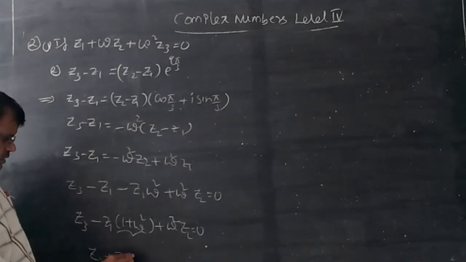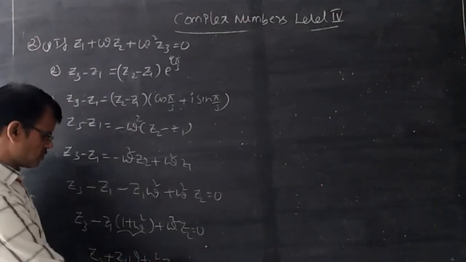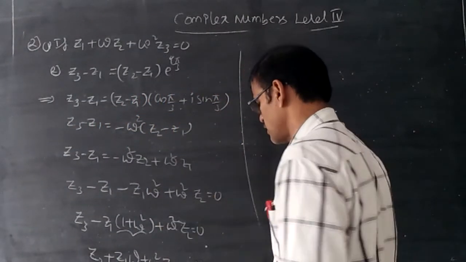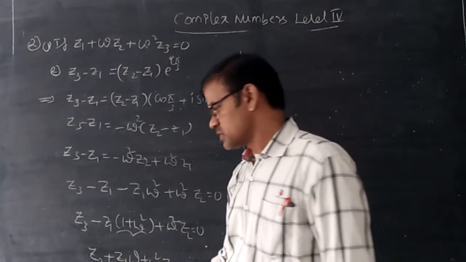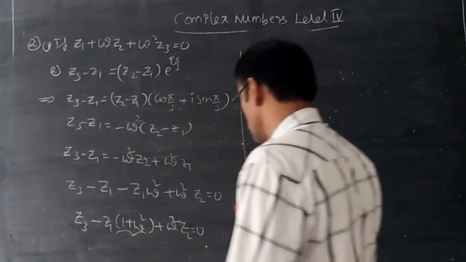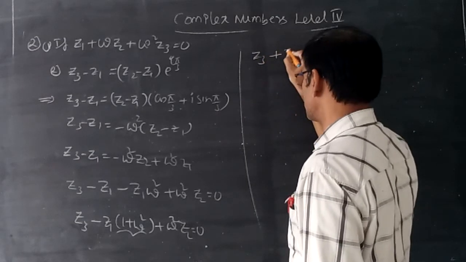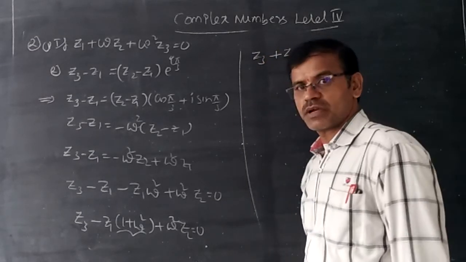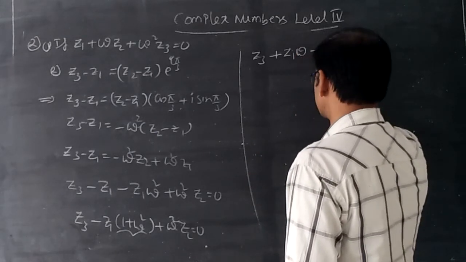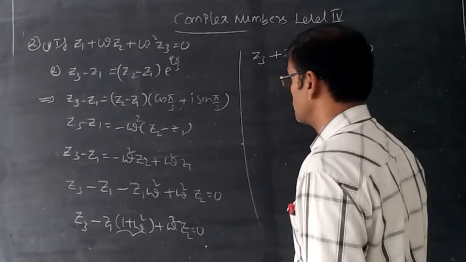So you can write z3 plus z1 into omega, this is nothing but omega square z2 equal to 0.